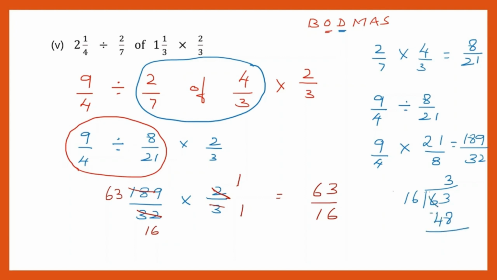Let's borrow. 13 minus 8 is 5. 5 minus 4 is 1. Okay, so let's use that. The quotient is my whole number. The remainder is my numerator. So I've got 3 15 by 16 as my final answer.